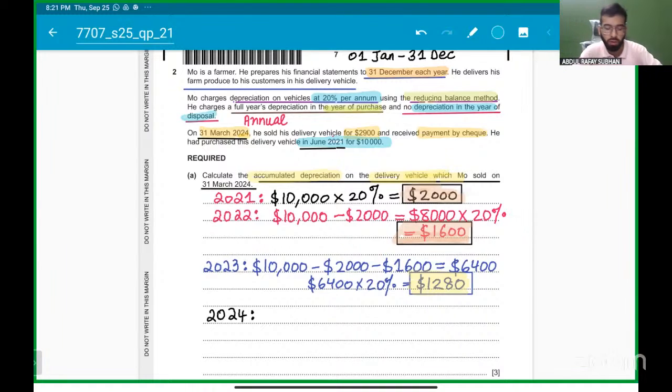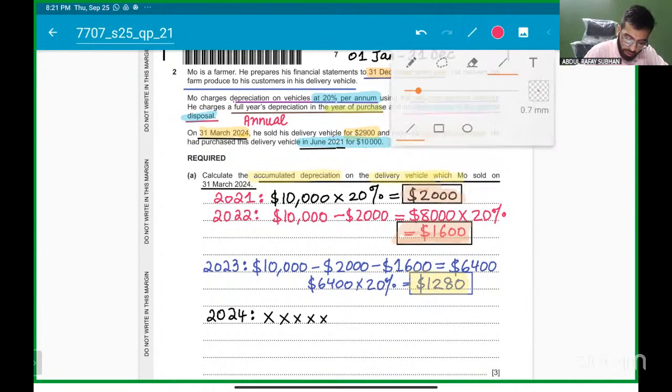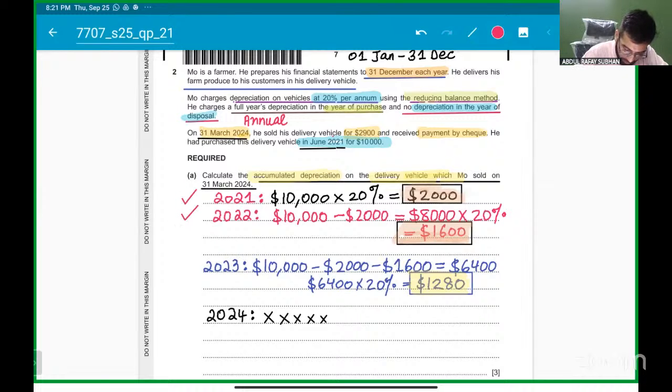So we charge for 3 years, which is 2021, 2022, and 2023. So that will be the final answer that you have to give to the examiner.